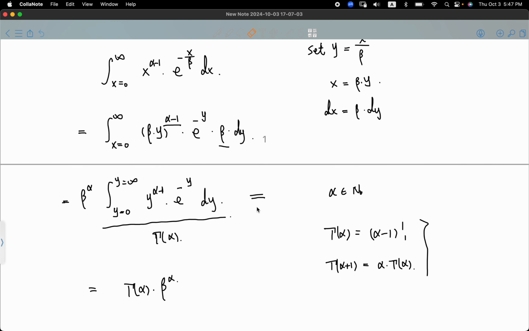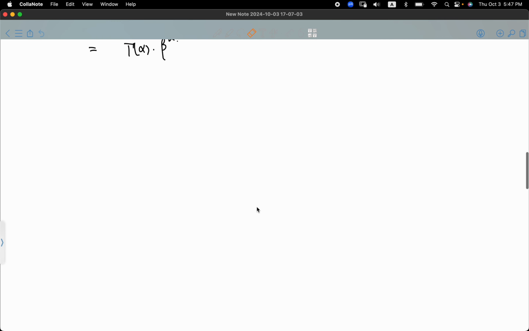Okay, if not, then we will now calculate the moments for this particular distribution. And what I will be showing is the expected value for x raised to the power of k, so the kth moment essentially.